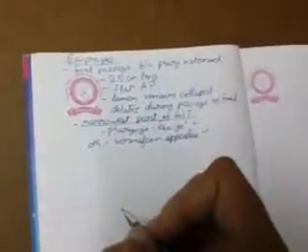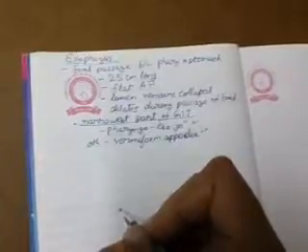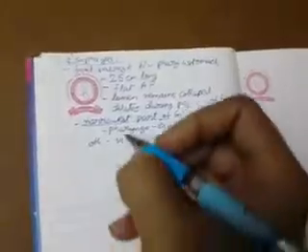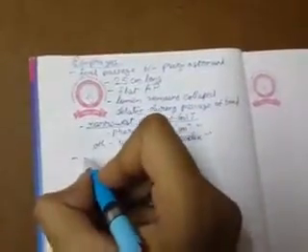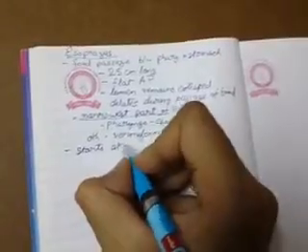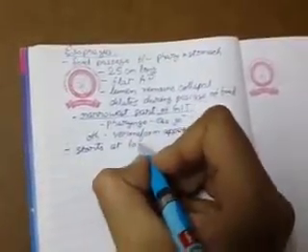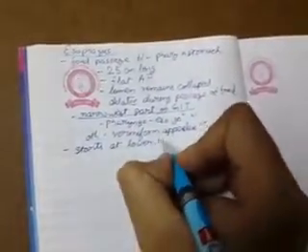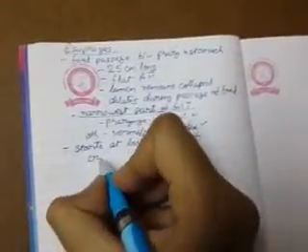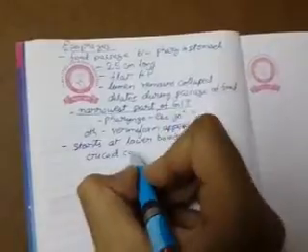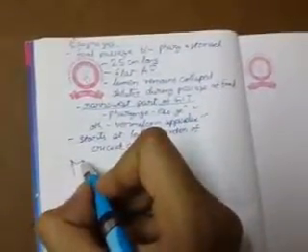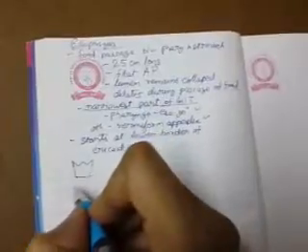Next, the esophagus begins in the neck at the lower border of the cricoid cartilage, where it is continuous with the lower end of the pharynx. See, this is the thyroid cartilage.